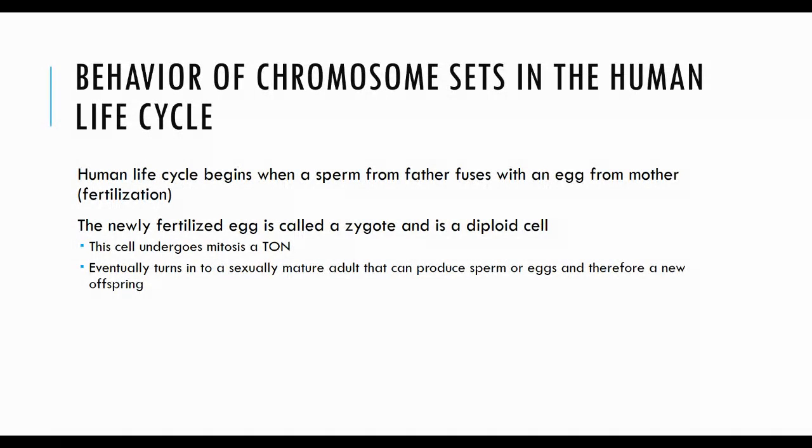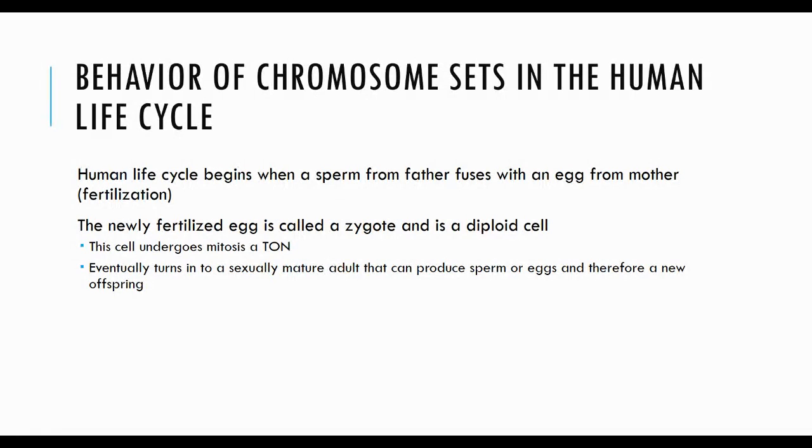The human life cycle begins when a sperm from the father fuses with an egg from the mother in a process called fertilization. This newly fertilized egg is called a zygote and is the very first diploid cell. It's kind of weird to think that you used to be just one tiny diploid cell, and that one cell undergoes mitosis a ton, even within the first 24 hours after fertilization.